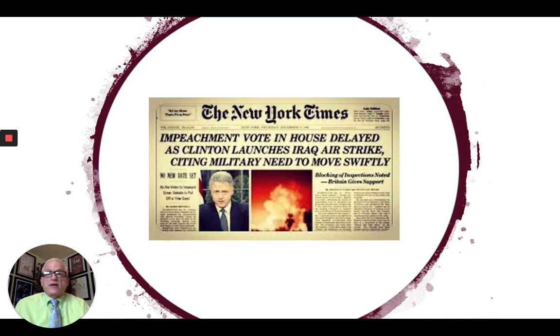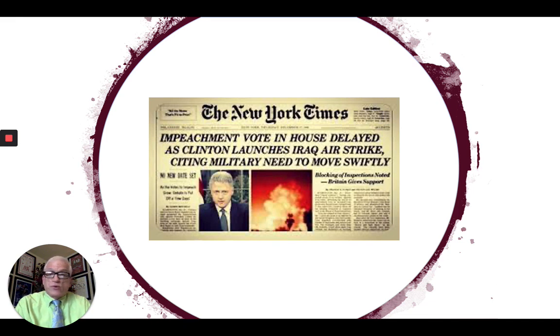Let me give you an example of this, and this goes back to the Clinton administration. What's interesting about this particular incident is that there was the Monica Lewinsky scandal. Bill Clinton had been caught having sexual relations with Monica Lewinsky in the Oval Office. He was accused of this and lied under oath about it.